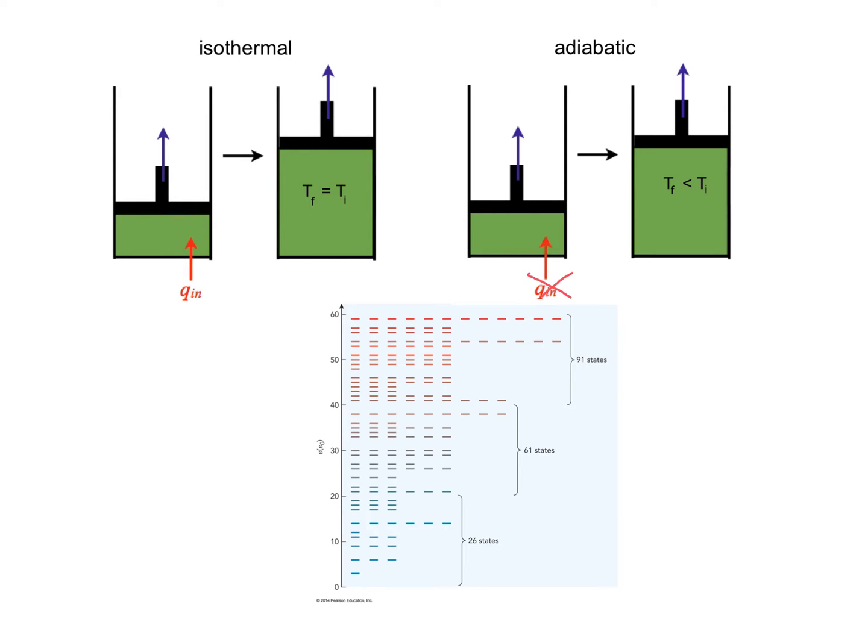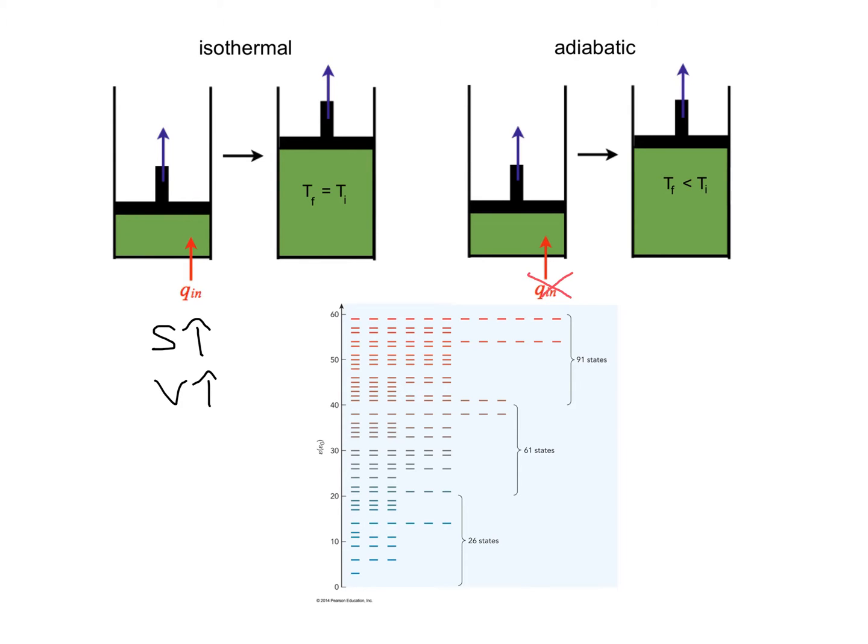If the energy levels are more and more closely spaced, then there are more microstates available to the system with the larger volume than there are to the system with the smaller volume. That larger number of microstates means that we are going to have an increase in the entropy of the system when the volume increases because we increase the number of microstates available to the system.